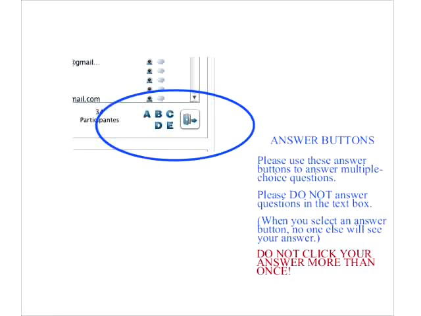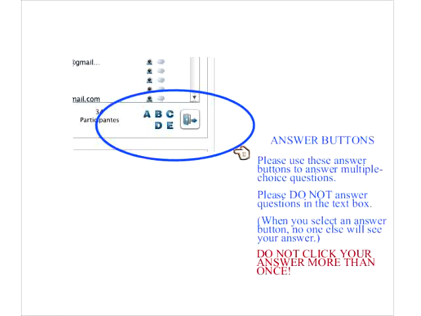Please do not type your answer in the text box, and please do not double click. If you double click, it will erase your answer. The first click answers it, and the second click unanswers it. So please click a single time. Okay, so there are the answer buttons. Smiley face if everybody has those on their screen.